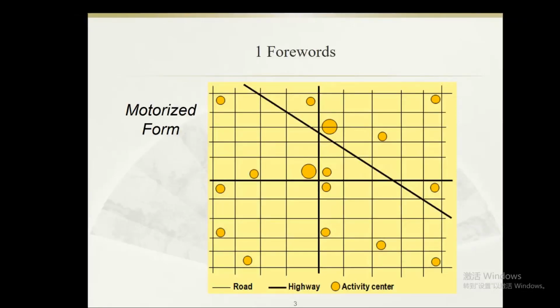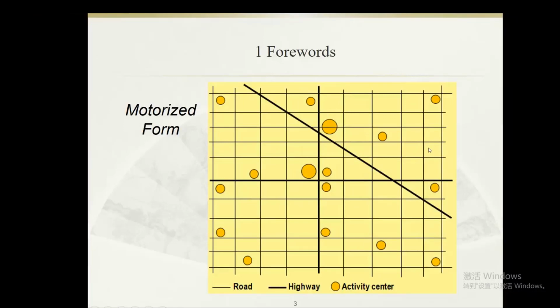So this urban form, we call it motorized form. Why motorized? Because driving my car is the most convenient. Why? Because activities are distributed everywhere. Why are activities distributed everywhere? Because the land uses are not gathered. Land uses are distributed everywhere, not centralized.